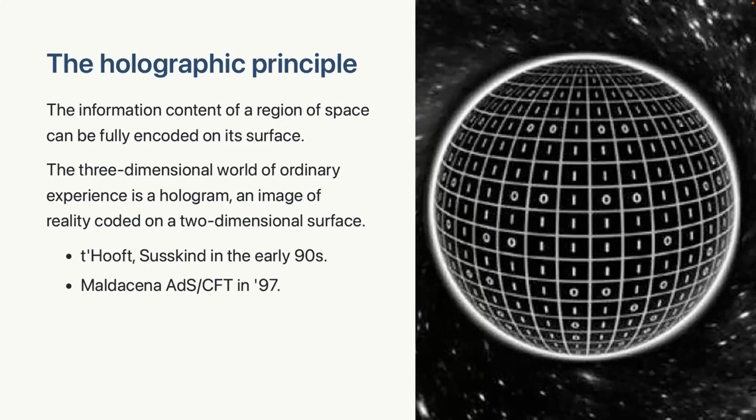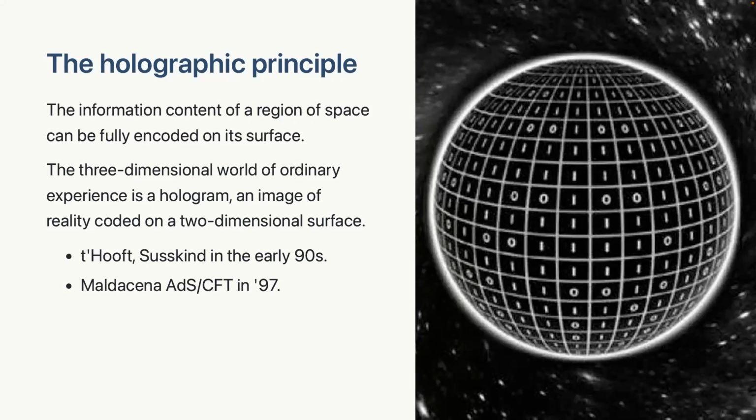So the three-dimensional world of ordinary experience is a hologram. A hologram is a two-dimensional thing that encodes a three-dimensional picture, an image of reality encoded on a two-dimensional surface. It's just weird. This was argued by 't Hooft and Susskind in the early 90s, and there's a realization of this idea by Juan Maldacena in 1997, which happened in string theory.